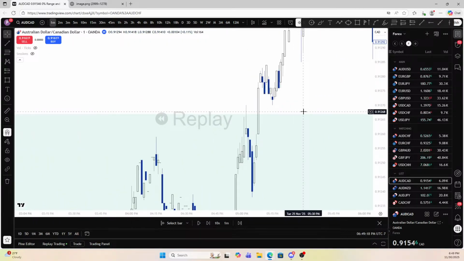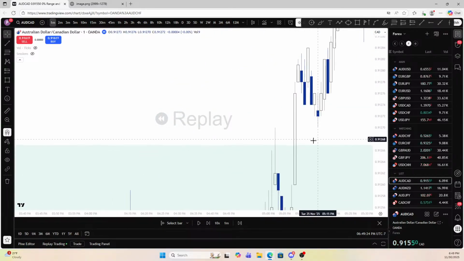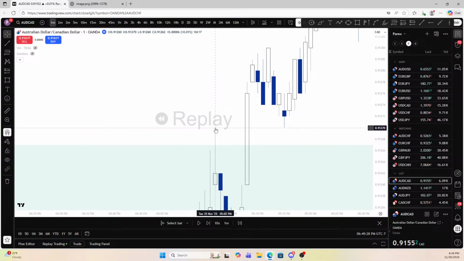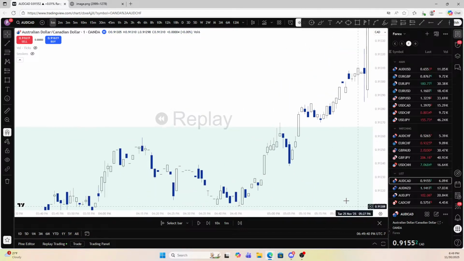Not the biggest deal. I'm still going to keep the POI because this barely hit. I could even move this demand to this point here, because it looks like, yeah, that's an exact tap. I mean, that can go either way, but I think you get the idea.